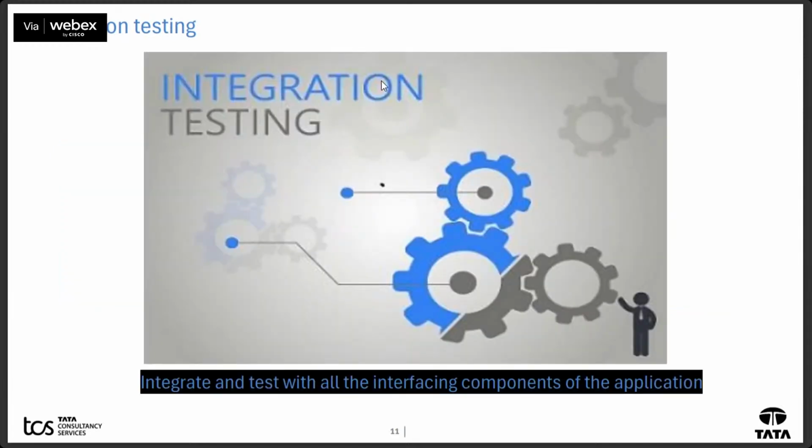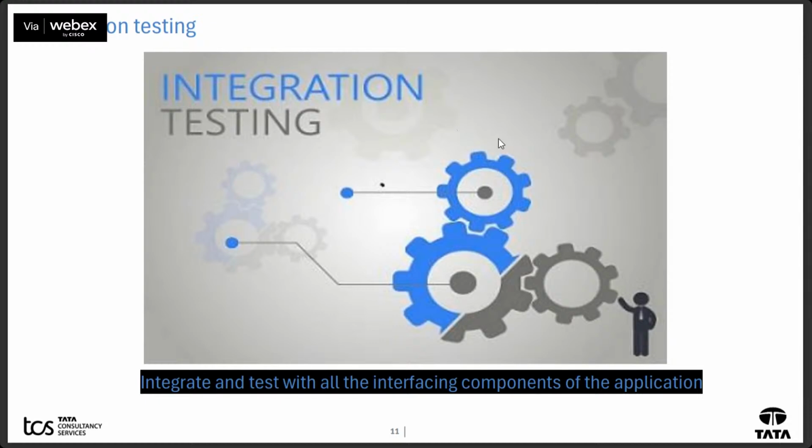And then once we go into an integrating environment, that is where we will actually be integrating with the external system, because these external systems might not be available in all the environments. They might be available only in the user acceptance environment. So in lower environments, we'll have to mock it and test.